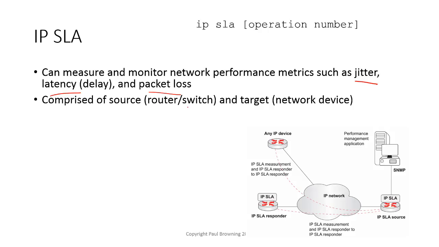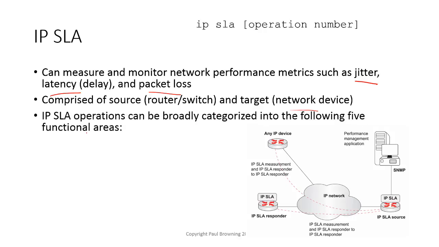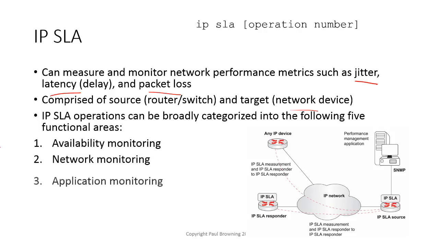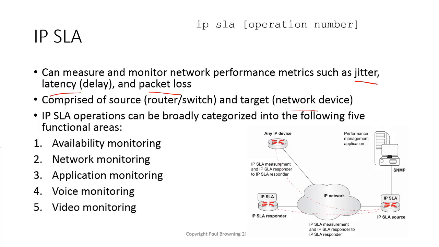It's comprised of a source, which is your router or switch, and a target, which is any network device, and obviously including routers or switches. You can categorize them into these following 5 areas, so just make a note. And then the IOS, just be careful because the command changed from IOS 12 dot whatever to 15.